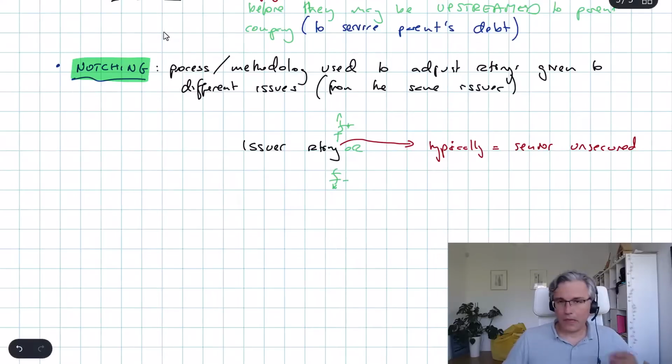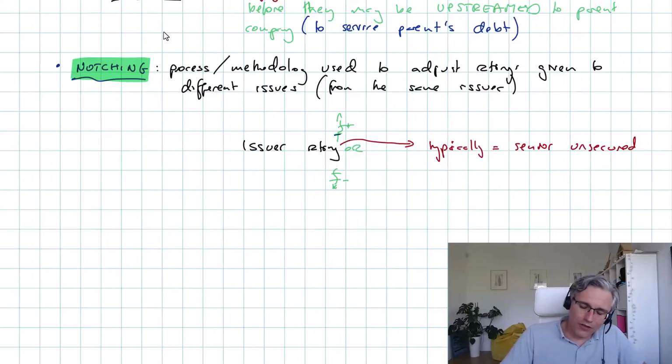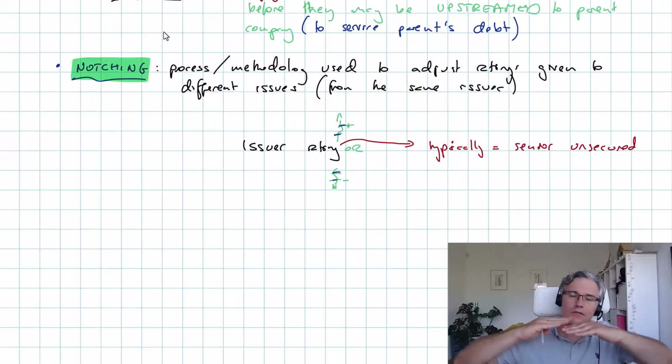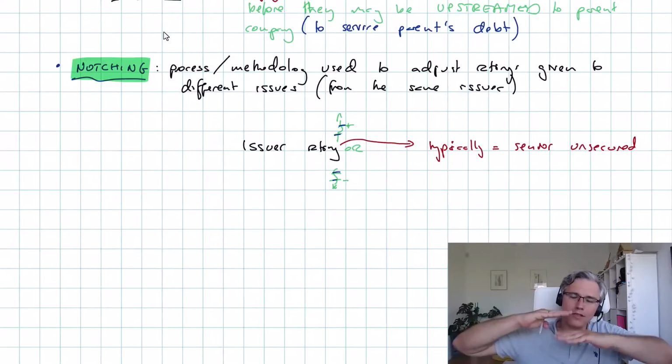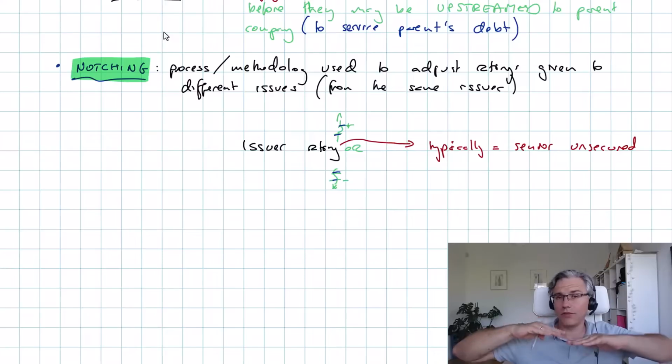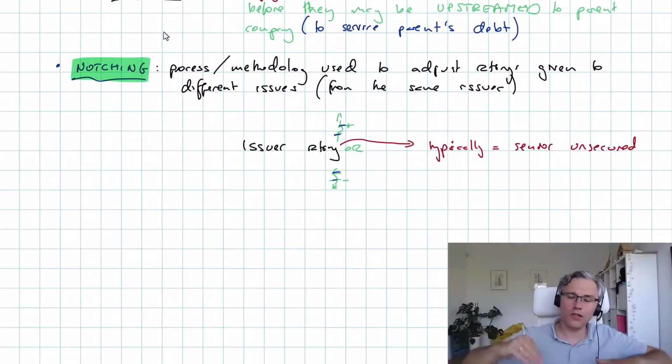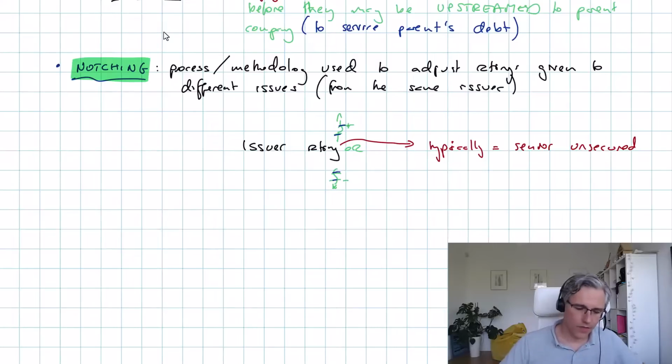And your book makes, I think, an important point, which I want to clarify here. How much the notching process generates in terms of issue ratings being in fact higher or lower really depends on where the issuer rating is itself.